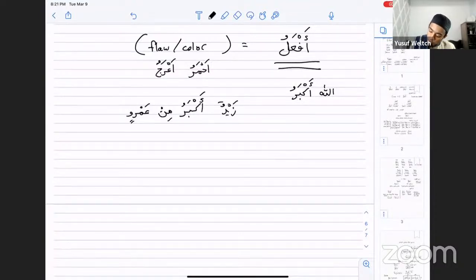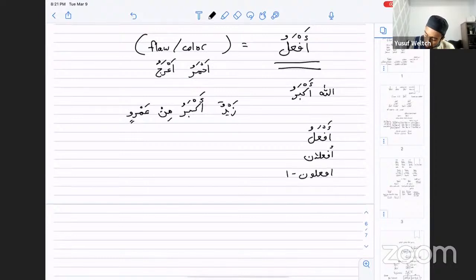Right, so depending on what you're describing, you can use the singular, which is af'alu, the dual, which is af'alani, and the plural, which is af'aluna, or you can say afa'ilu, which is more common.